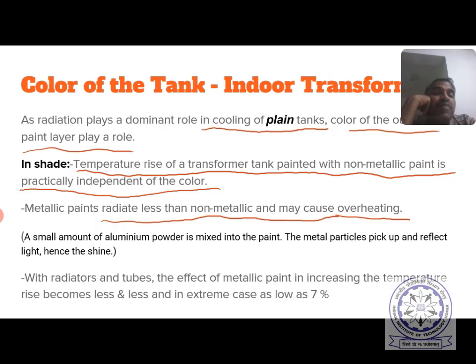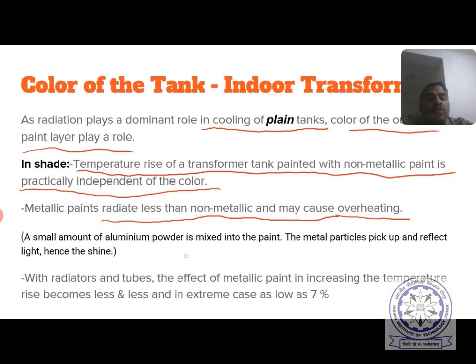No, they reflect more heat. If you keep it in sunlight, metallic paint will be better. Metallic paints reflect but do not radiate. Radiation property is very poor for them. But non-metallic paints will radiate very effectively.